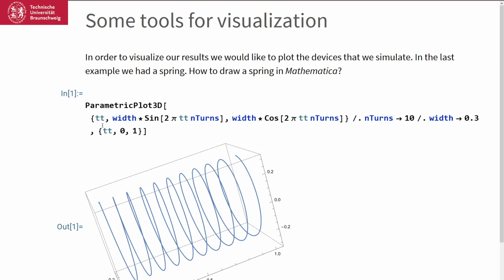Then we can put this into a parametric function, one point in 3 dimensions, and do a parametric plot that we plot from 0 to 1. In this, we have to specify 2 pi t, so when t goes from 0 to 1, we have to say how many times we turn around, so this is the number of turns.